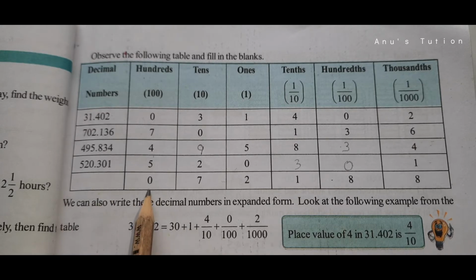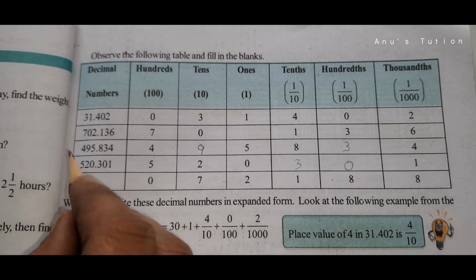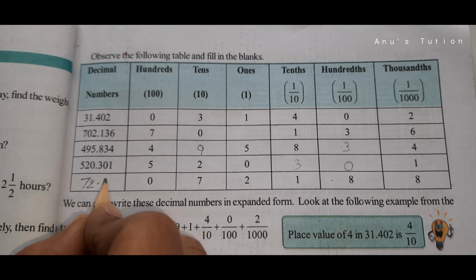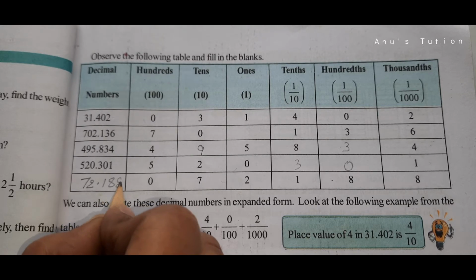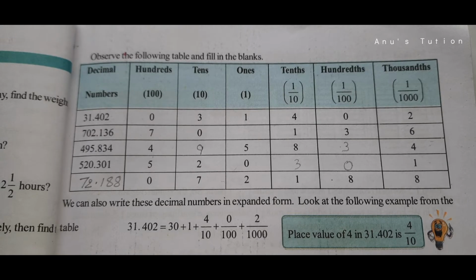Here the hundreds place is 0, tens place is 7, ones place is 2, giving 2.188. This is the decimal value for the given place values in the chart.